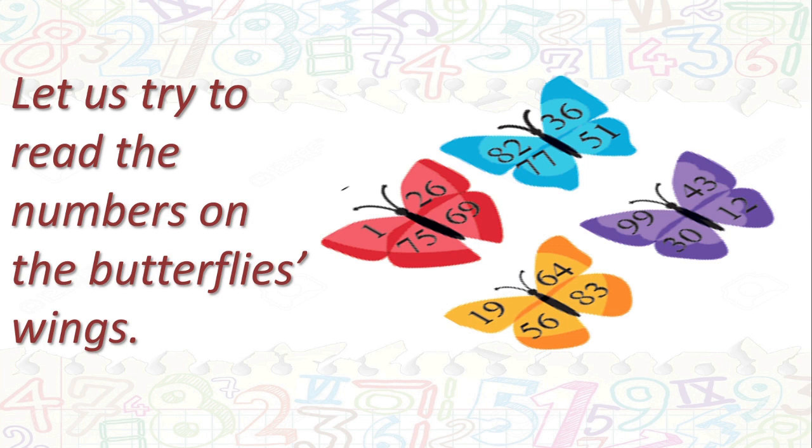This is 19, this is 60 and 4, 64, 50 and 6, 56, 80 and 3, 83, isn't it? Next, to the violet butterfly, 90 and 9, 99, 40 and 3, 43, this is 30 and this is 10 and 2, that is 12, isn't it?